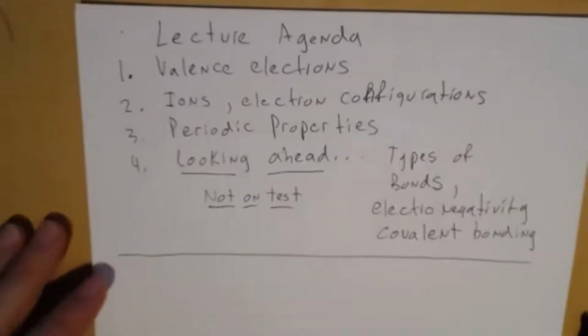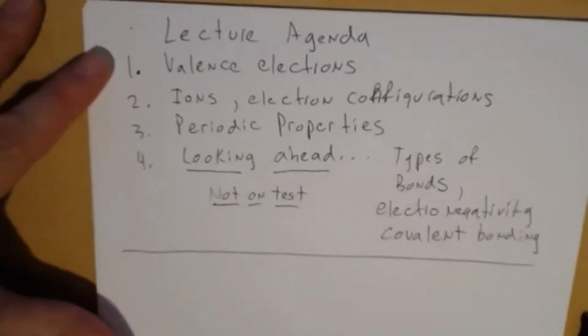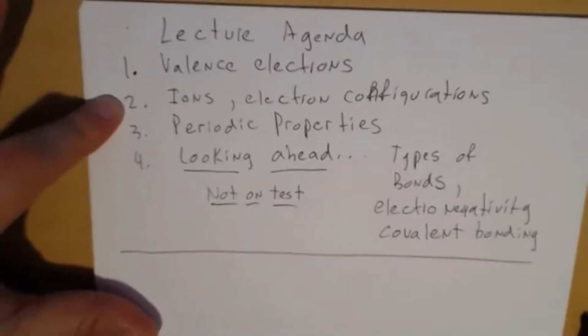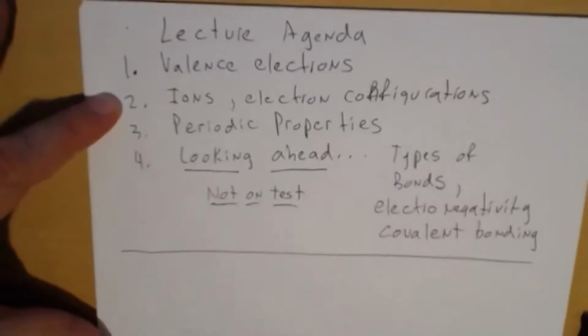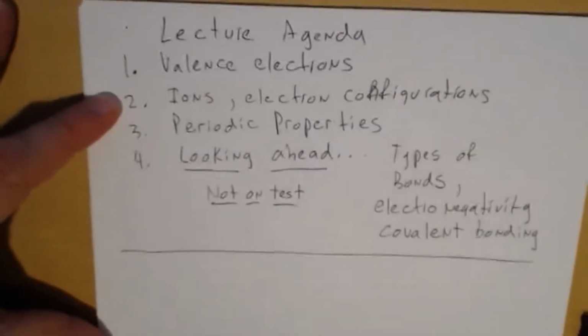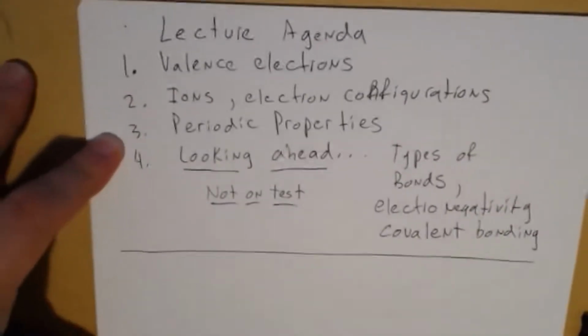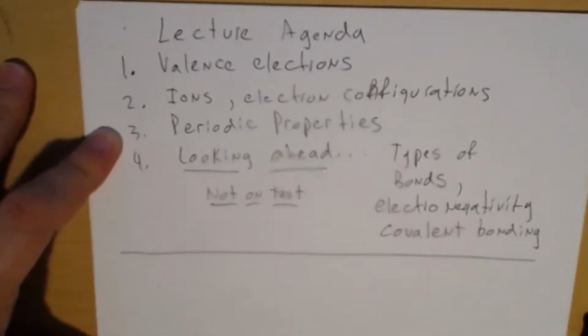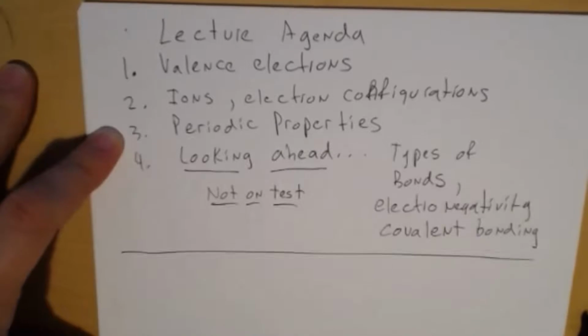So again, the lecture agenda: we're going to finish off chapter 7 looking at valence electrons, ions, and particularly the electron configuration of ions, which are very predictable. And then periodic properties. There's a whole bunch of trends you can look at just from analyzing the periodic table.